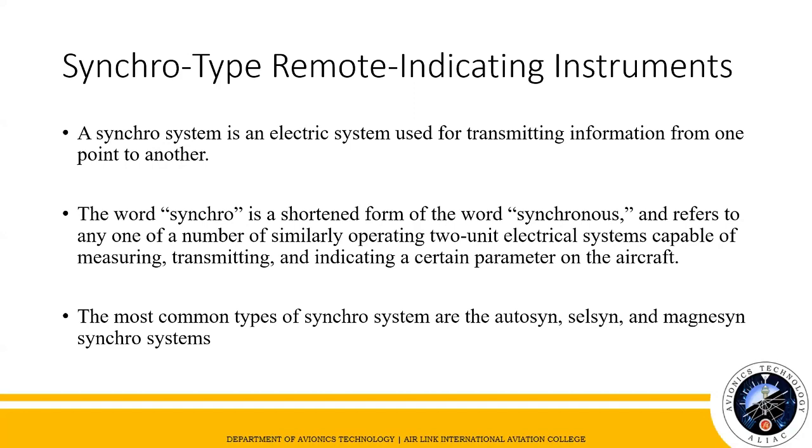Itong mga system na to are similar in construction and all operate by exploiting the consistent relationship between electricity and magnetism. So the fact that electricity can be used to create magnetic fields that have definite direction and that magnetic fields can interact with magnets and other electromagnetic fields is the basis of their operation.